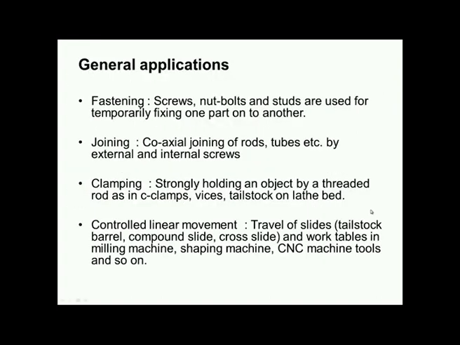Now, what are the general applications of screw threads? They are used for fastening purposes. Screws, nuts and bolts and studs are used for temporarily fixing one part onto the other part, and they are used for coaxial joining of rods, tubes etc., by external and internal screws.